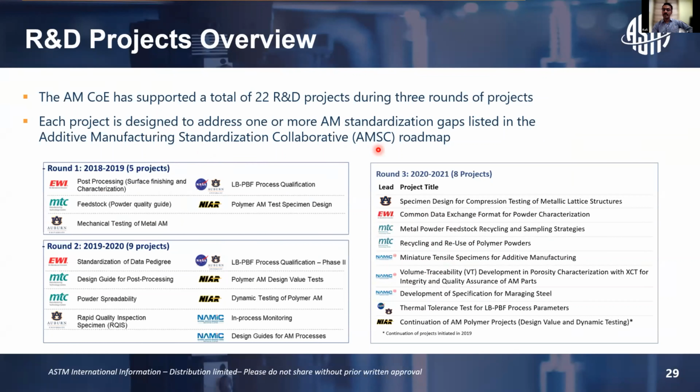What this roadmap did was identify different research requirements for additive manufacturing, and they came up with around 92 different gaps in standardization. Out of 92, they identified 84 different gaps that need R&D, research and development. So based on that, we started coming up with this R&D activity. So this is based on the requirements from the industry.